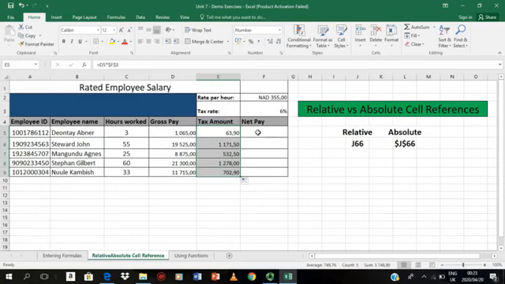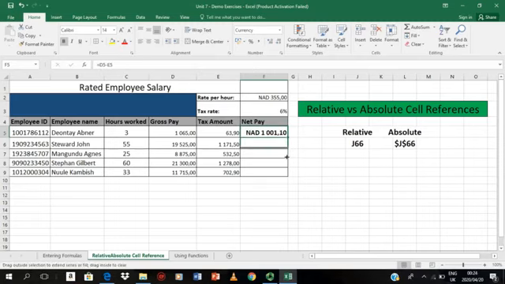Great. Now we should calculate the net pay, which I think is not going to require any absolute. I think here it's going to be the difference between gross pay and tax amount. So it's going to be gross pay minus tax amount, and that's it. And I don't think we need any absolute cell reference here.